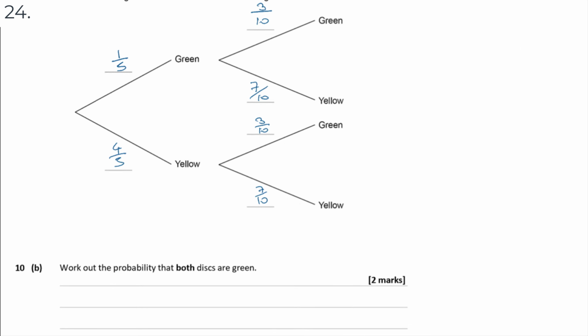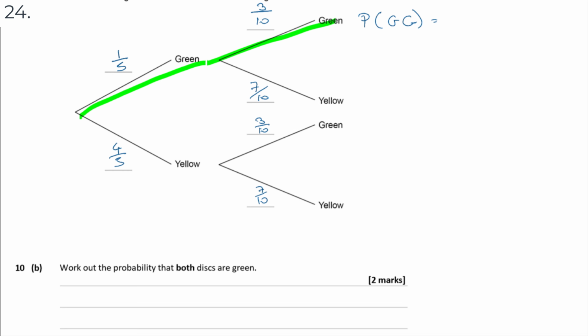Now part B says work out the probability that both discs are green. So both discs being green is going to be this branch where I pick green, and then this branch where I pick green. So the probability of both green is going to be multiplying every fraction along that route through the tree diagram.